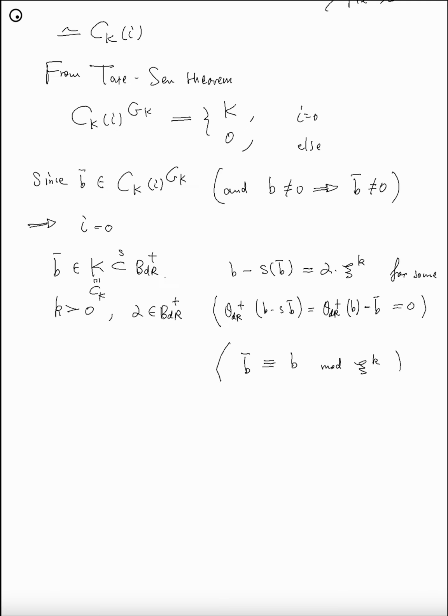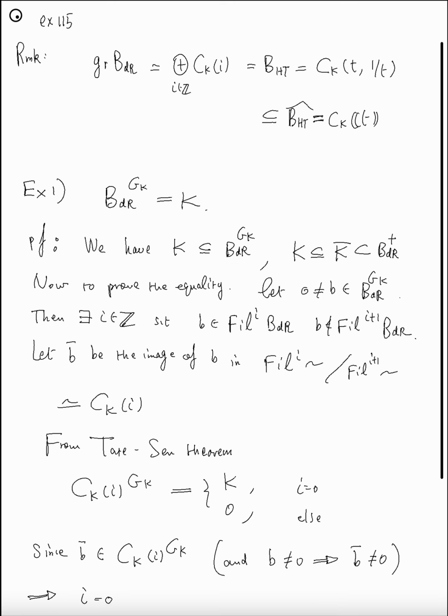Actually, yeah, we could just argue from here. We know that i equal 0 is telling you that b is in Fil^0 B_dR, which is B_dR plus, and b is not in B_dR plus times c.